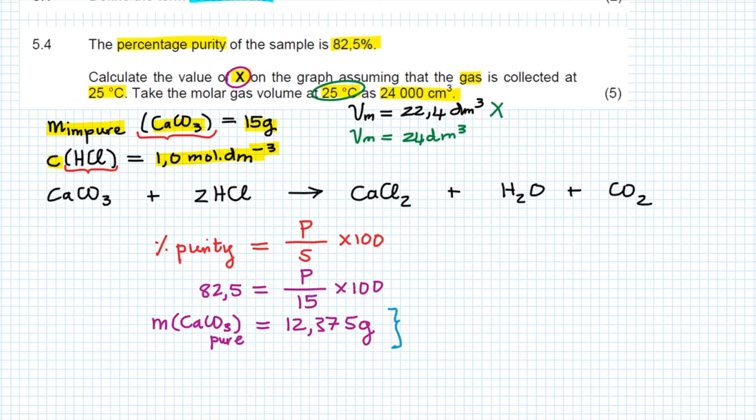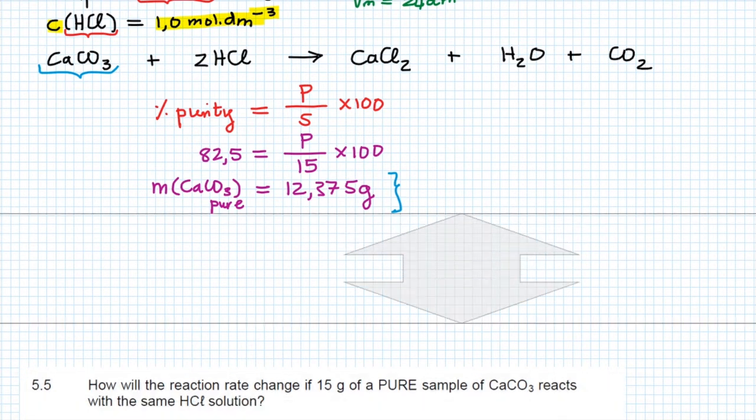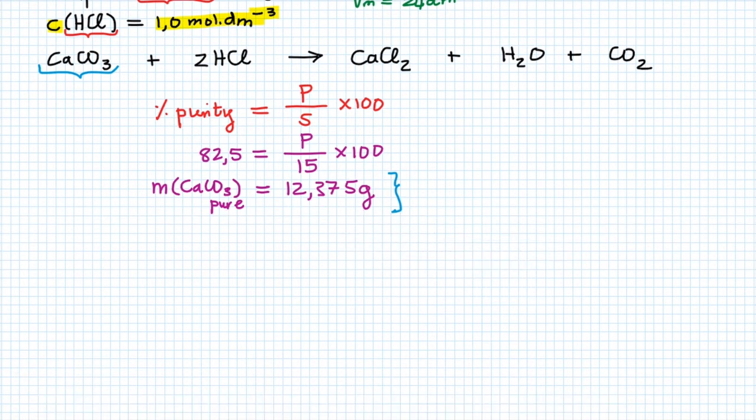So now that we know the mass of the pure calcium carbonate, we're now going to go a step further and determine the number of moles of pure calcium carbonate. We write down the formula. Number of moles is equal to mass divided by molar mass. This is going to be the number of moles for the calcium carbonate, so we make sure to label this as calcium carbonate.